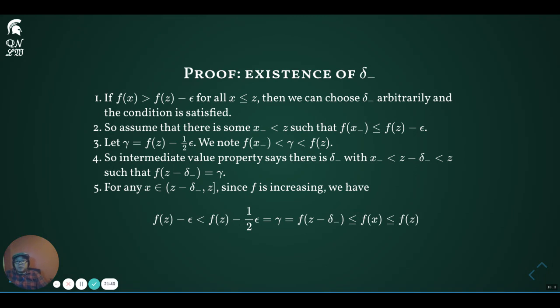If we are not so lucky, then there is some x minus that is smaller than z, and such that f(x minus) is less than f(z) minus epsilon. But using the intermediate value property, this means we can find some delta minus such that f(z minus delta minus) has value f(z) minus 1/2 epsilon.